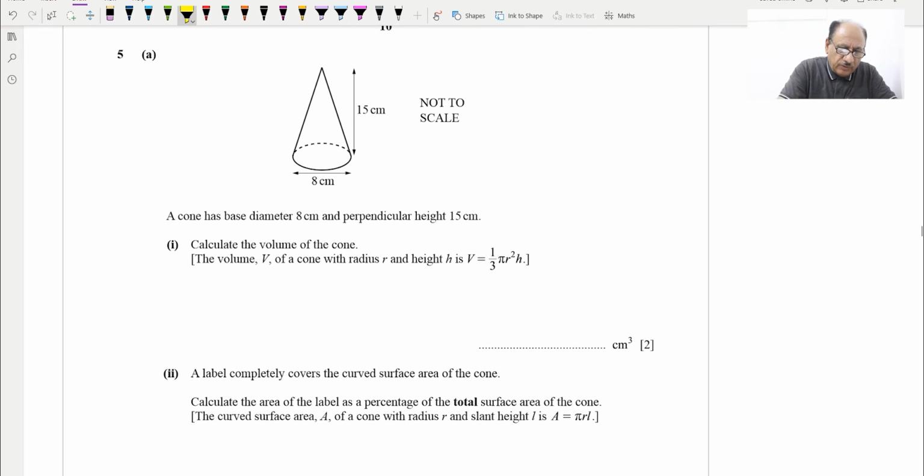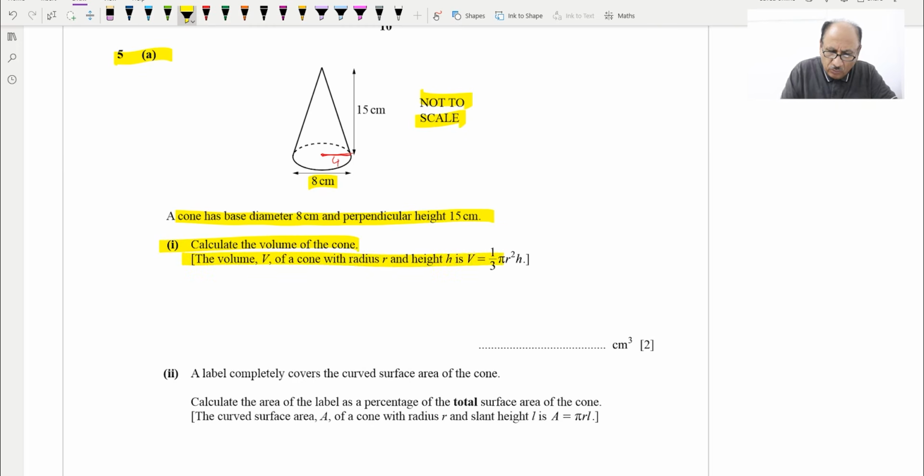Question number 5, a diagram is given, which is not to scale. They're saying a cone has a base diameter of 8. Diameter is 8, so the radius is half of the diameter, which is 4. Now they are saying calculate the volume of the cone.